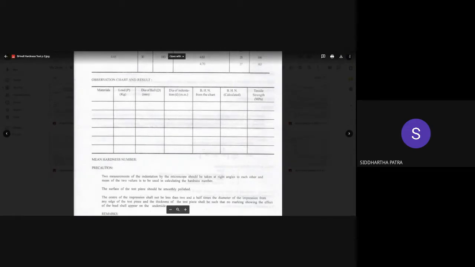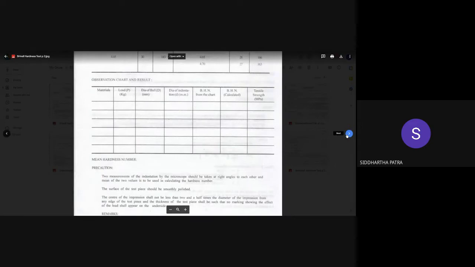Now 1 kg force you'll have to convert into Newton, that is 9.81 Newton. And the other unit we have is square inch, so you'll have to convert that square inch to square millimeter. Now 1 inch is 25.4 millimeter, so 1 square inch is 25.4 squared millimeter squared.